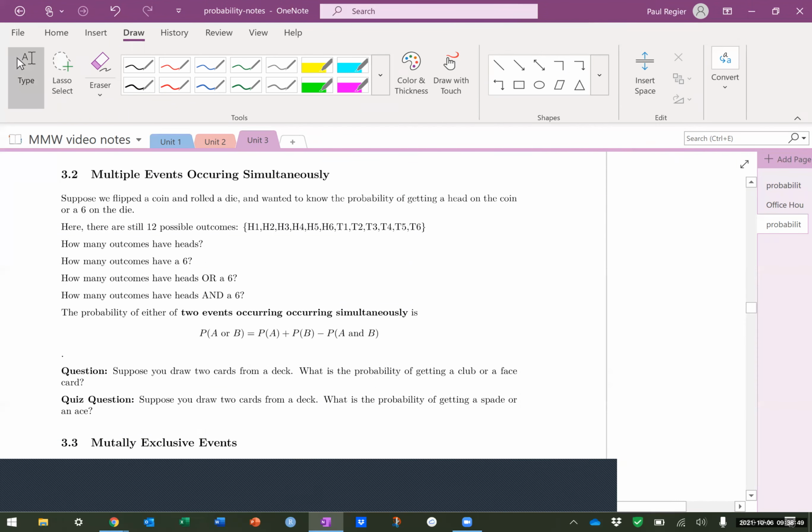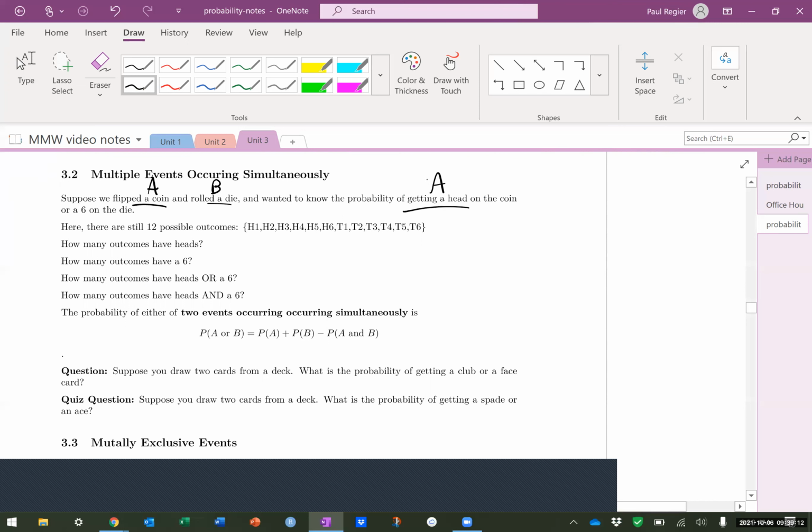The second rule is for events that might not be independent, or when multiple events occur and you're interested in either one of them occurring. So here the question is, we're flipping a coin and rolling a die, 2 events. We could call the coin A, the die B, and we want to know the probability of getting a head.